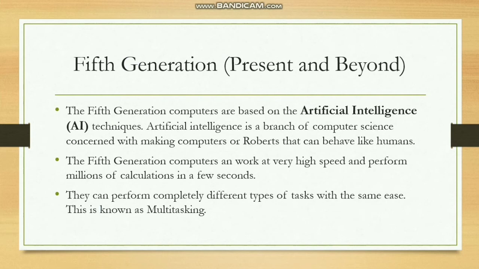The 5th generation computers are based on artificial intelligence, and they work at very high speed and perform millions of calculations in a few seconds. They can perform completely different types of tasks with the same ease, and this is known as multitasking.